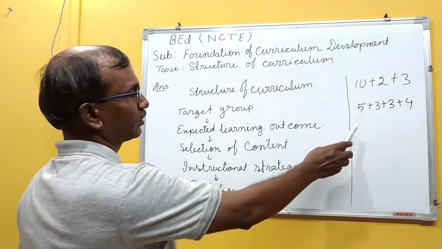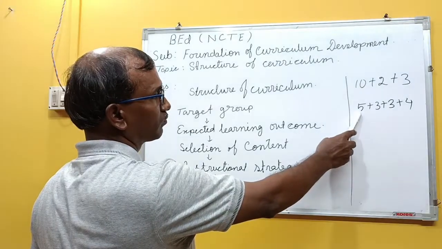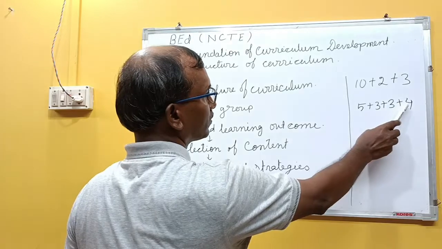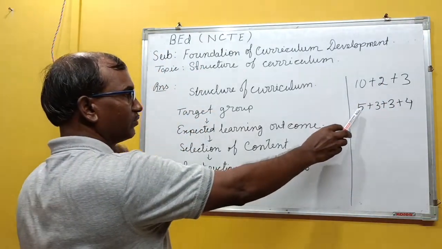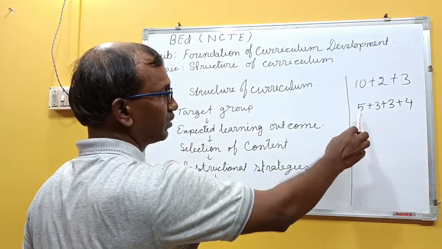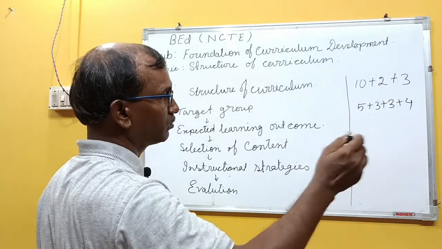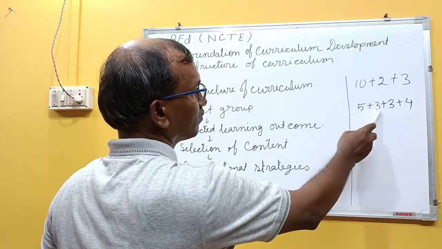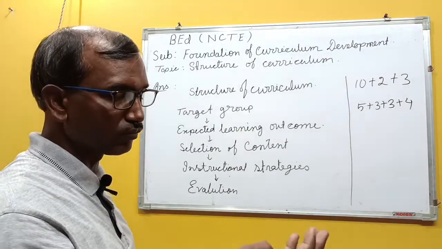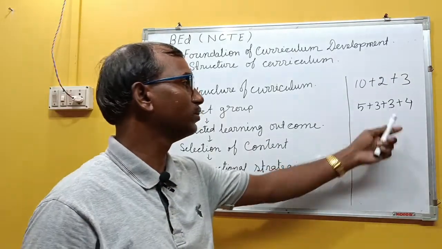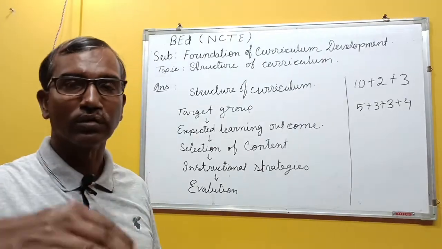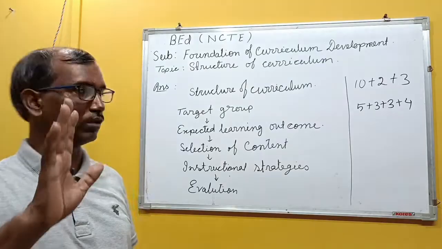And at present, according to the latest New Education Policy 2020, it is 5 plus 3 plus 3 plus 4. The 5 includes 3 years of nursery education and then classes 1 and 2. Then 3 means classes 3, 4, 5. The next 3 means 6, 7, 8. And the 4 means 9, 10, 11, 12.